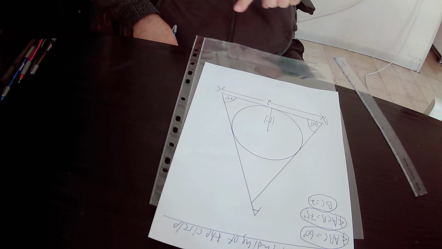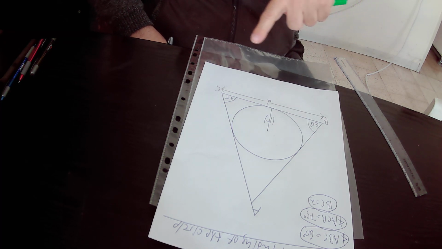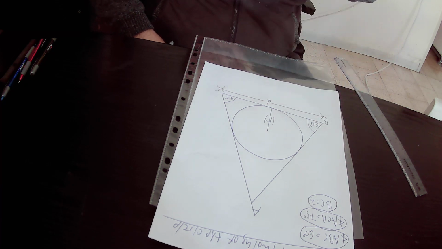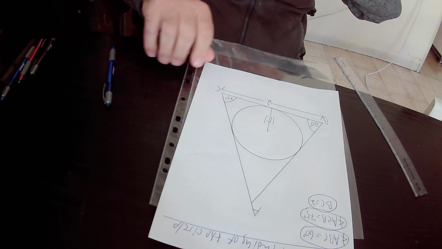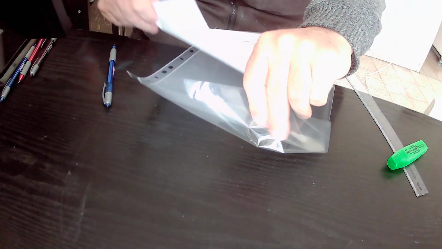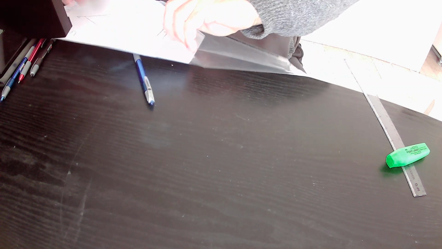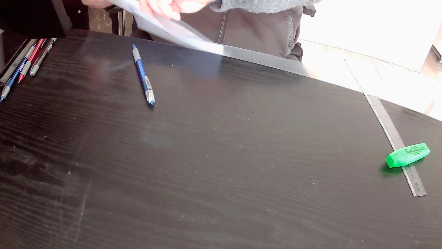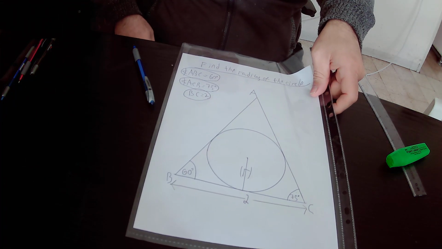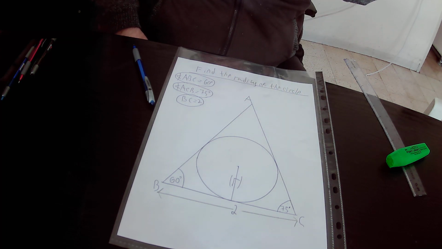In this lecture, we found out the radius r of this circle that is described by this triangle, triangle ABC. So, in the drawing, we have a circle that is described by triangle ABC.